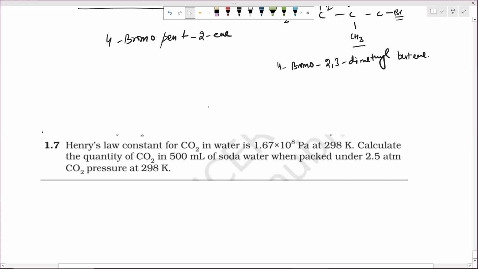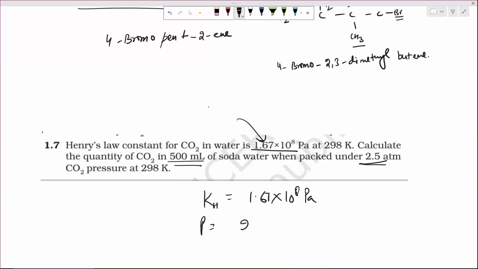So what is given to you in this question? It is Henry constant, KH, 1.67 into 10 to the power 8 pascals. Calculate the quantity of CO2 in 500 ml of water when packed under the pressure.